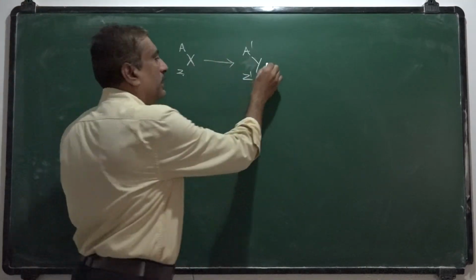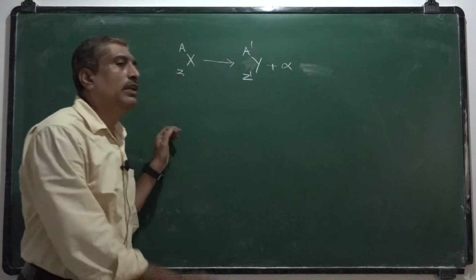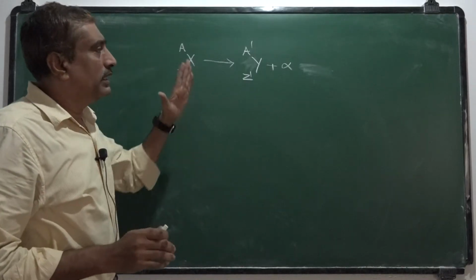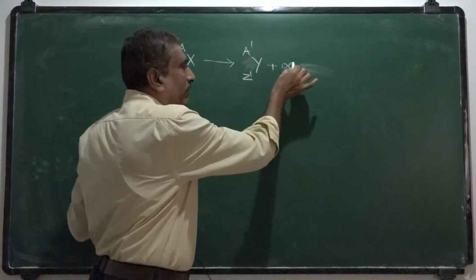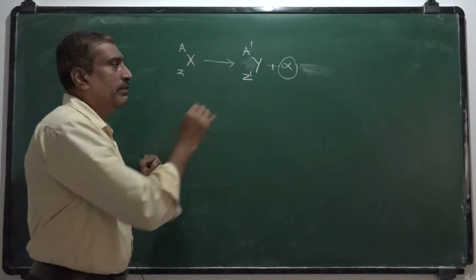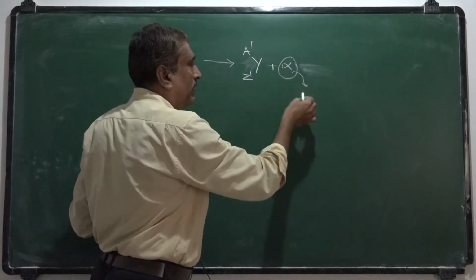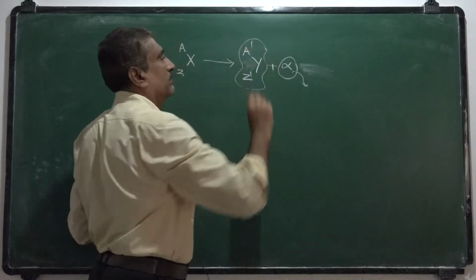So an alpha particle or a beta particle is emitted. Now if the problem mentions the velocity of this alpha particle, you have to find the recoil velocity of the daughter nucleus.